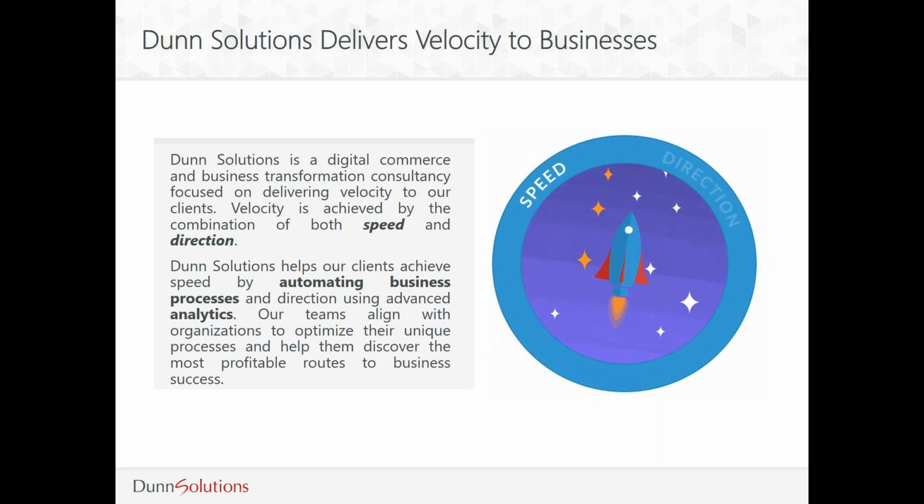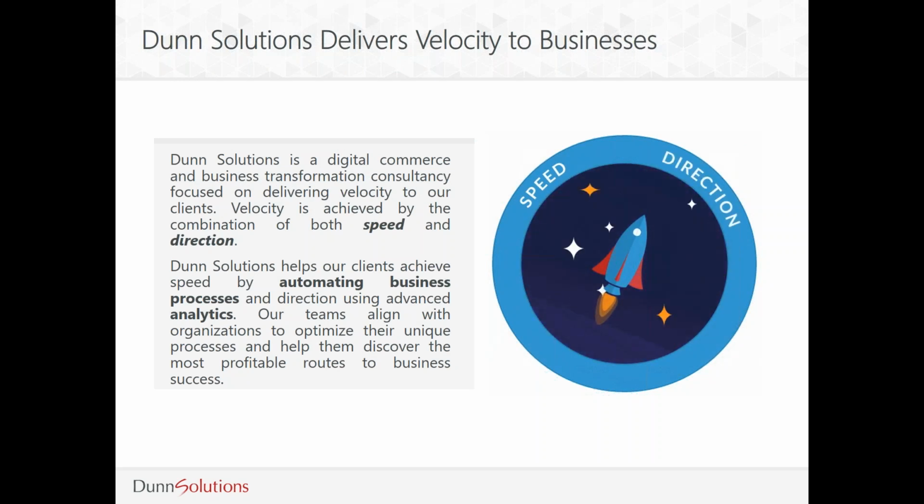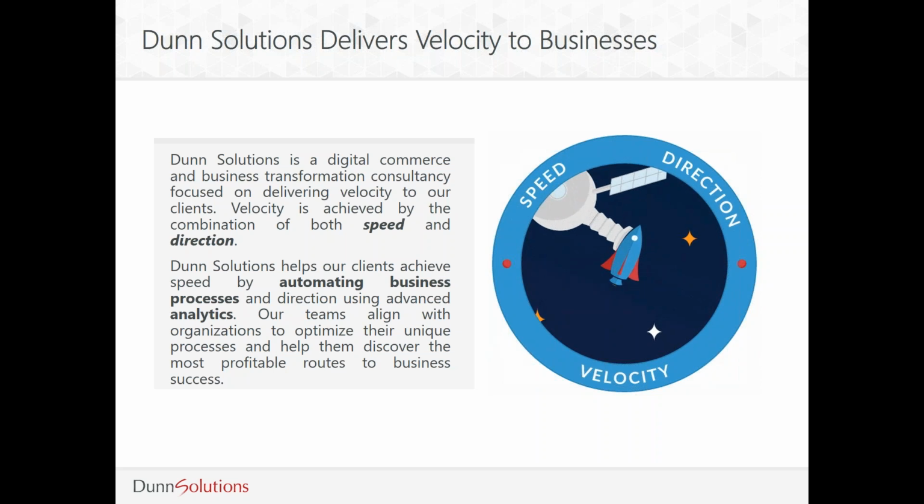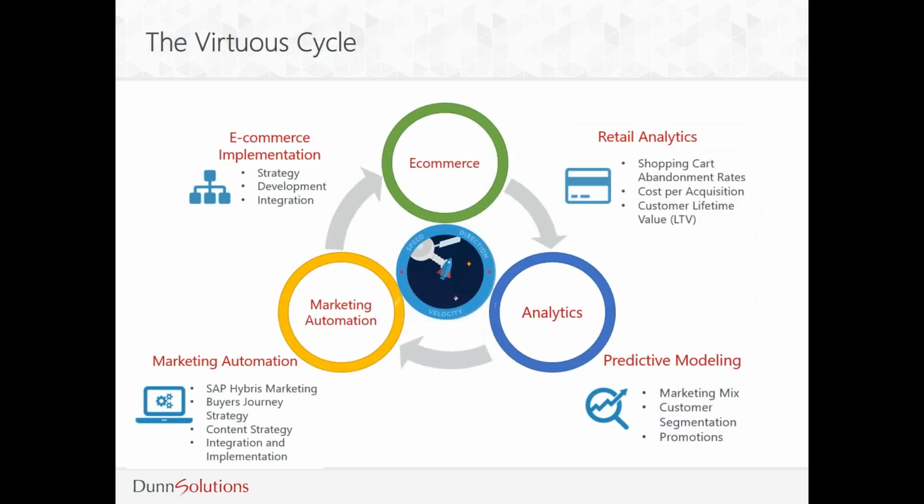Now, back to Physics 101, you'll remember that velocity is really made up of two components. One is direction and one is speed. We provide direction through our analytics services, and we provide speed by helping our clients automate their business processes. When we bring all these components together, we refer to them as the virtuous cycle.